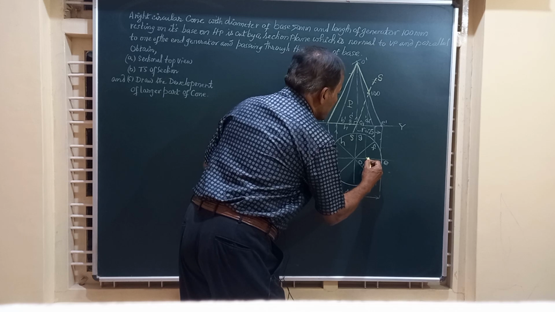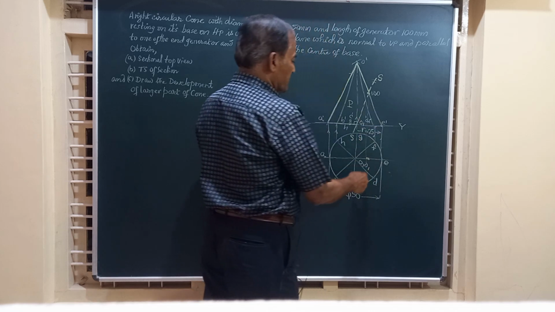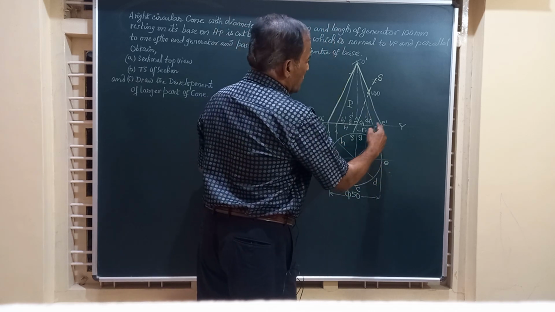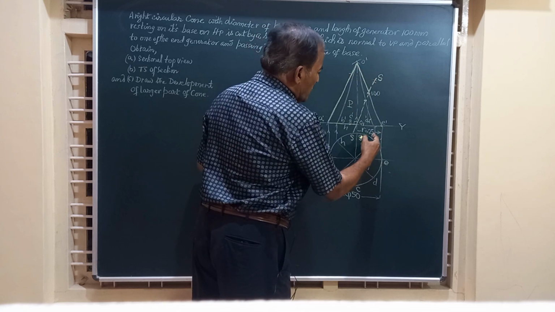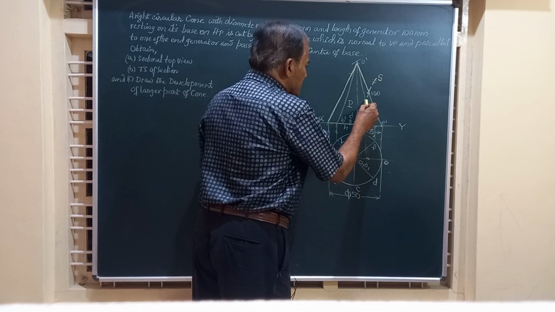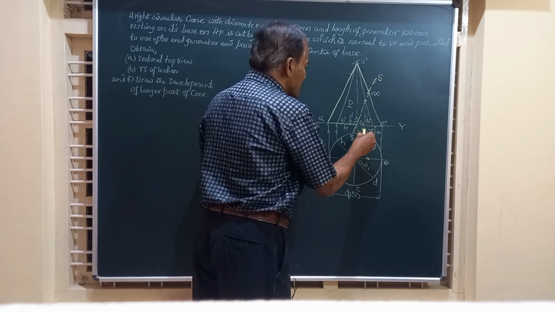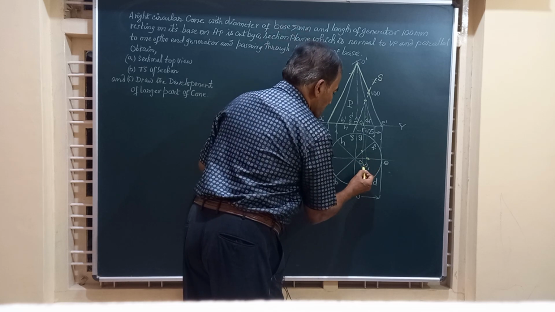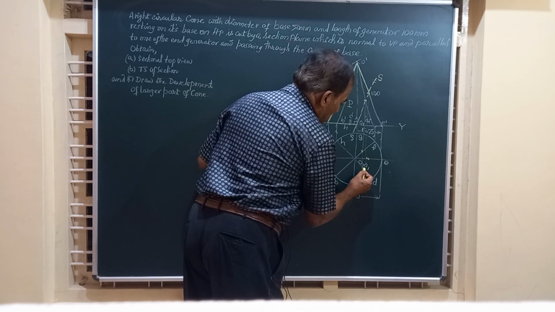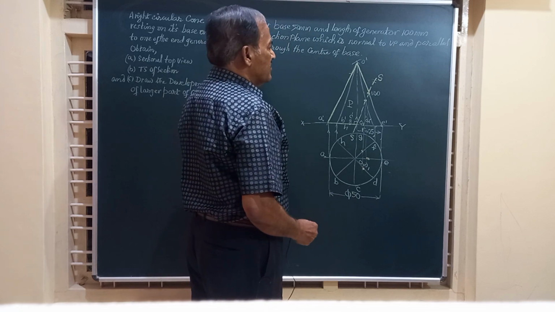This is one point on the generator OE. Similarly, friends, here the generators OD and OF are cut here. So we will draw one more line parallel to that and we will get these 2 points. So these 2 points are the points on OD and OF.